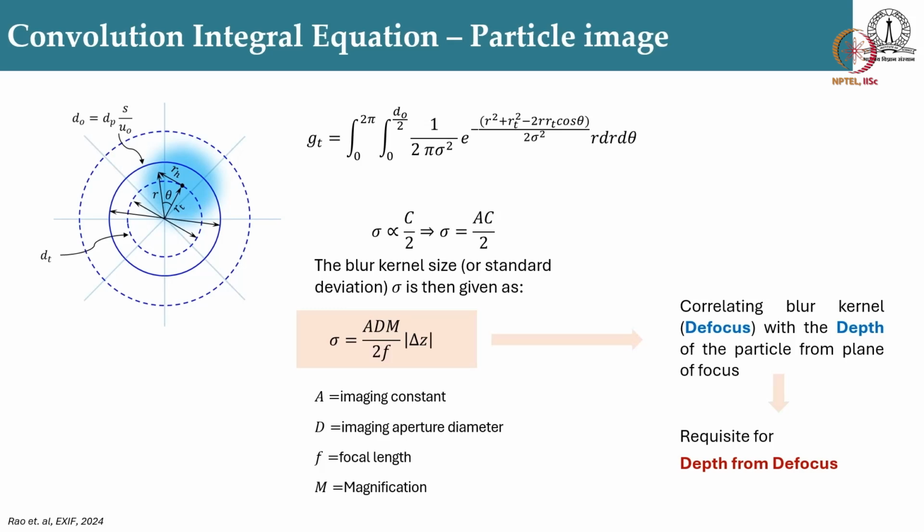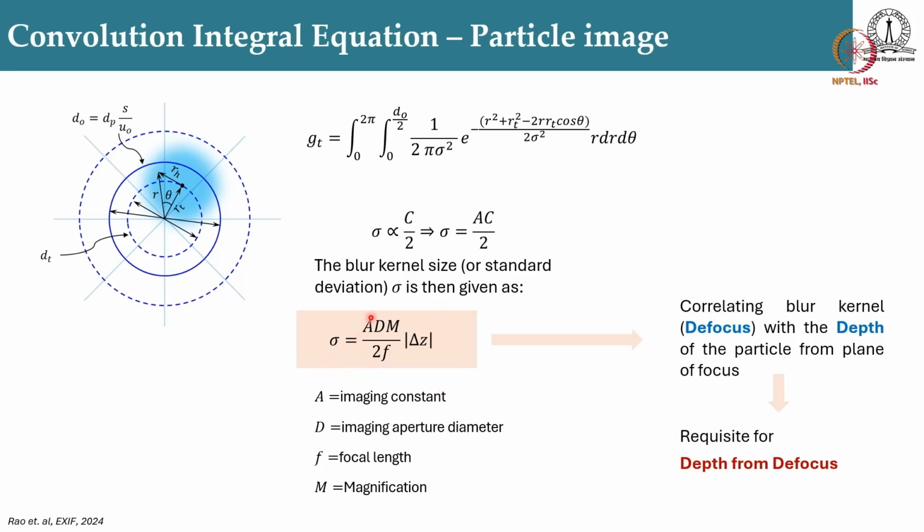Now apart from this equation correlating the various geometrical parameters, like the dependence of intensity on the radial position, we have an intrinsic parameter, sigma, which represents the extent of blur, right? And we have already seen that this extent of blur, or defocus, is dependent on depth, and we have used geometric optics to arrive at this equation, which relates both of them.